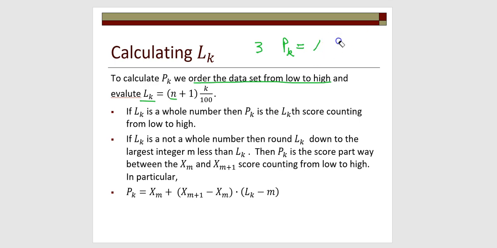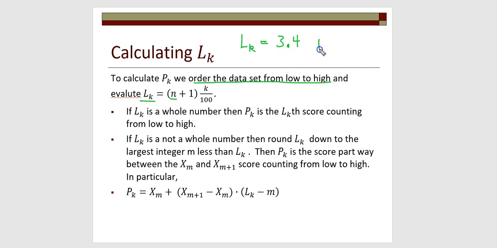Now, if the Lk is not a whole number, then we have to do a little bit of work. So, for example, suppose that the Lk came out to be 3.4. Well then, Pk would be 40% of the way between the third and fourth data score.